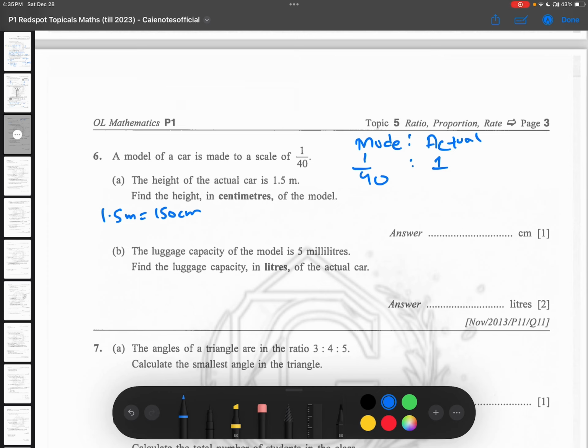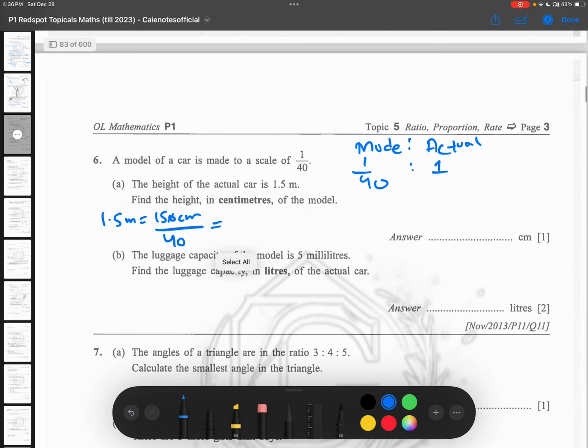Now I will divide 150 centimeters by 40. So 0 gets cancelled and 15 upon 4 is 2.75. So this is equal to 2.75 centimeters.